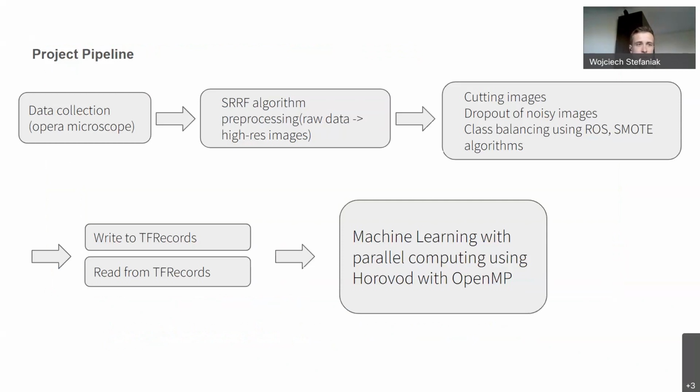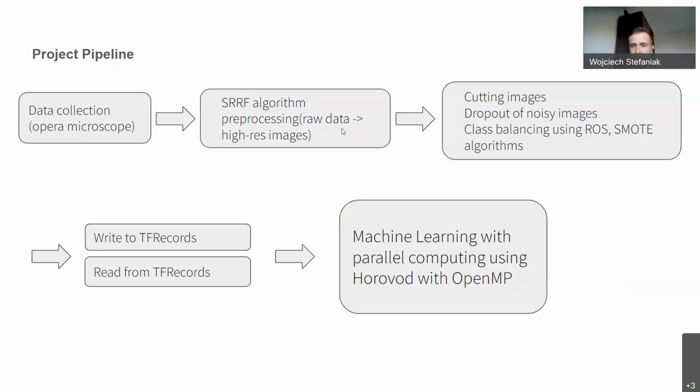So now we can establish our project pipeline. We start with data collection using an Opera microscope, thanks to our associates from the Polish Academy of Sciences. Then starts our part. The first thing we do is apply the SURF algorithm. This is the first part of pre-processing.